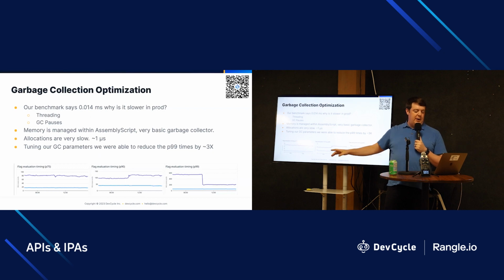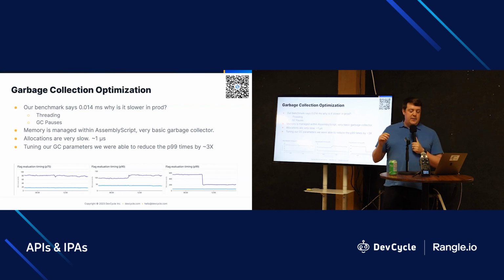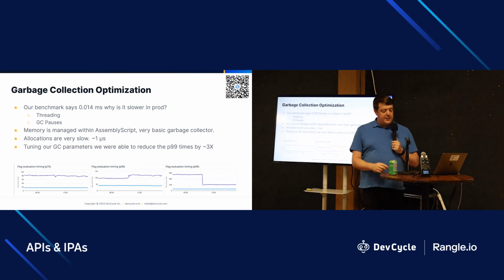The chart at the bottom here, we got to about P75 times of 80 microseconds, P90 of 100 microseconds, and initially the P99 was close to 600 microseconds, which is half a millisecond, which is pretty slow. The two main causes of that were threading.